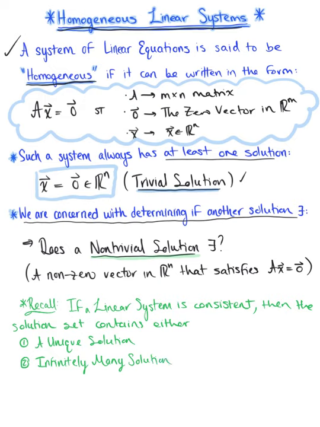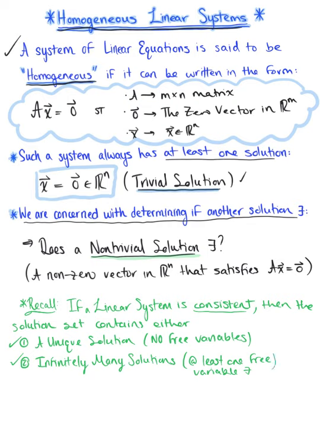So if a linear system is consistent, it has at least one solution, which tells us that the solution set contains either a unique solution, meaning that there's no free variables, or the solution set will have infinitely many solutions, meaning that at least one free variable exists.